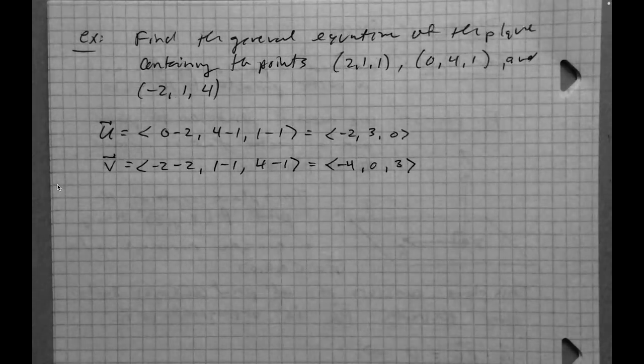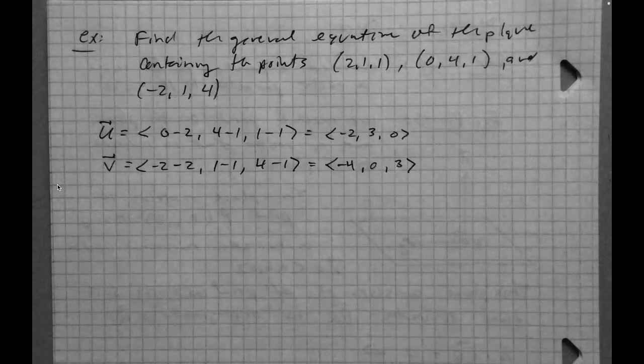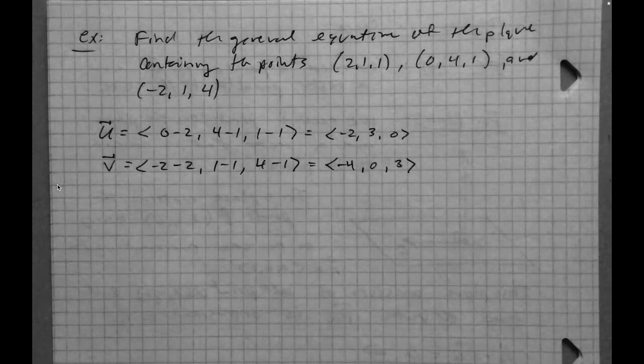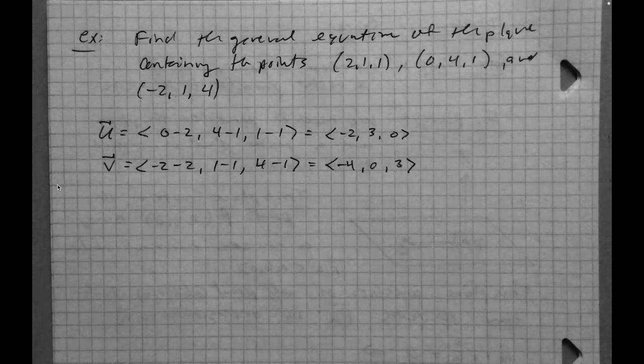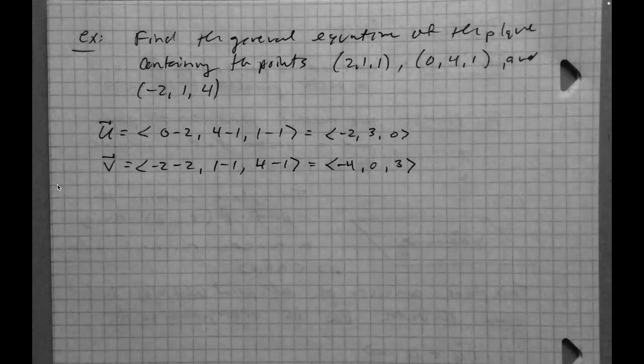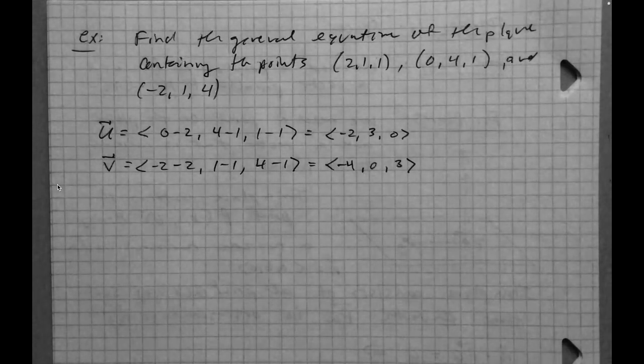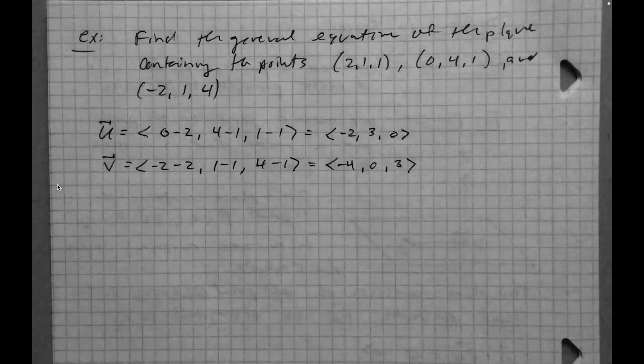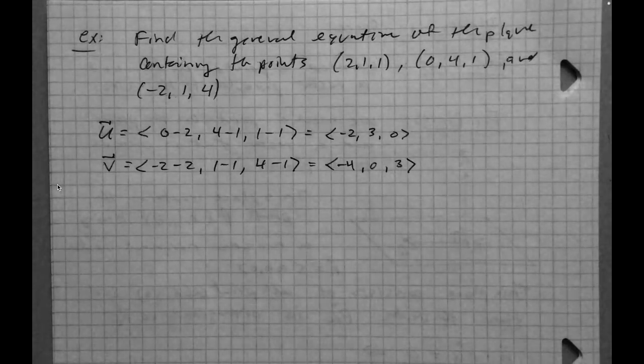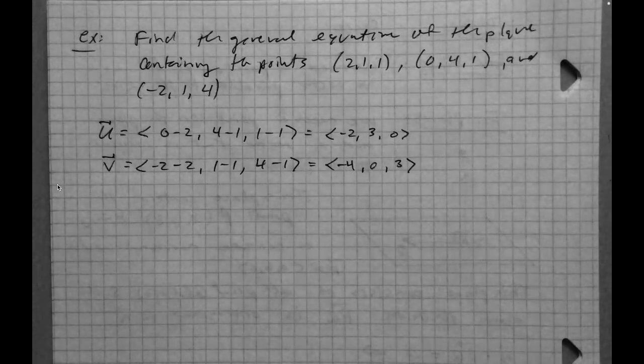Okay, so 2 vectors. Now both of these vectors are obviously in the plane, right? They have initial and terminal sides. Think of them as directed line segments with initial and terminal points in the plane, and so naturally they lie in the plane. So once you have these 2 vectors in the plane, what we need is a normal vector.